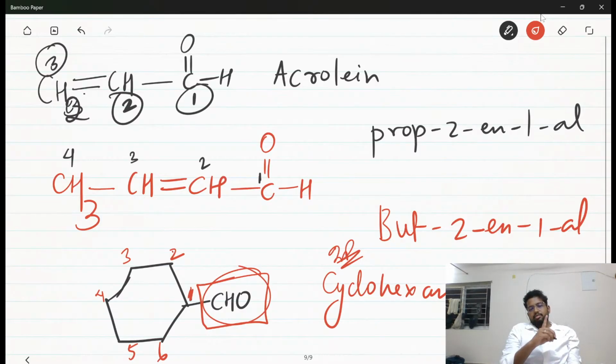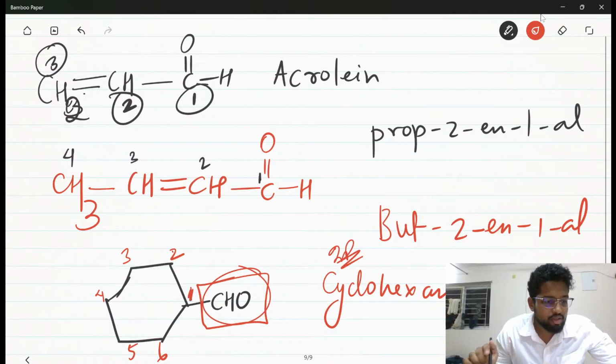It should be 7 carbons, but I cannot continuously number in ring and chain. Either I number in ring or I number in chain, depending upon the rules. So as I cannot continuously number, I have to choose the second suffix, that is carbaldehyde. So cyclohexane-1-carbaldehyde is the molecule.